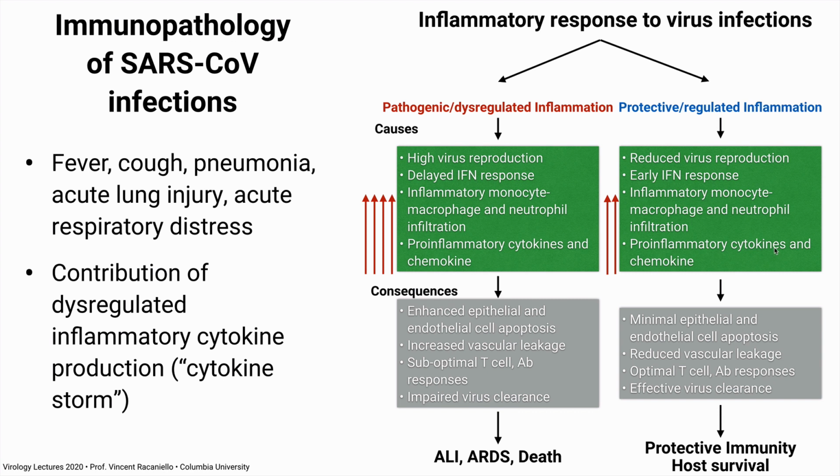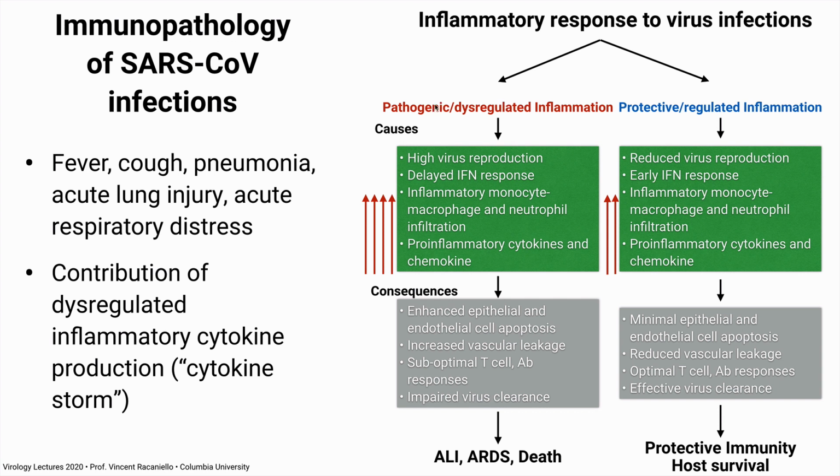And then you have pro-inflammatory cytokines and chemokines, which eventually are regulated by the anti-inflammatory versions. This gives you minimal epithelial and endothelial cell apoptosis, reduced vascular leakage, optimal cellular and antibody responses, and effective viral clearance, so you have immunity and host survival.